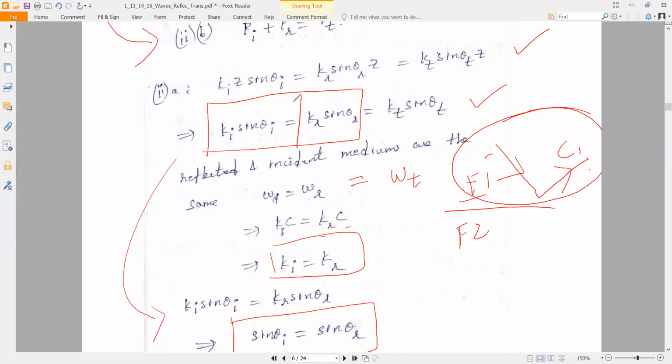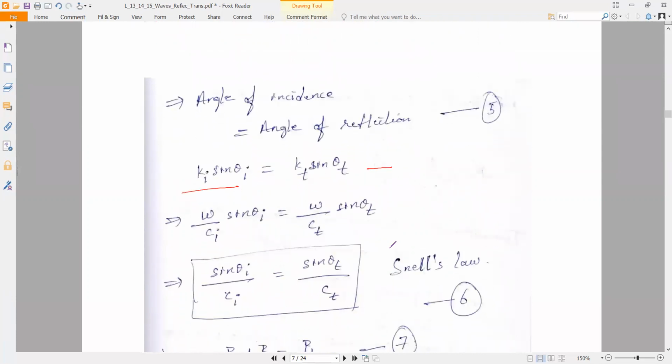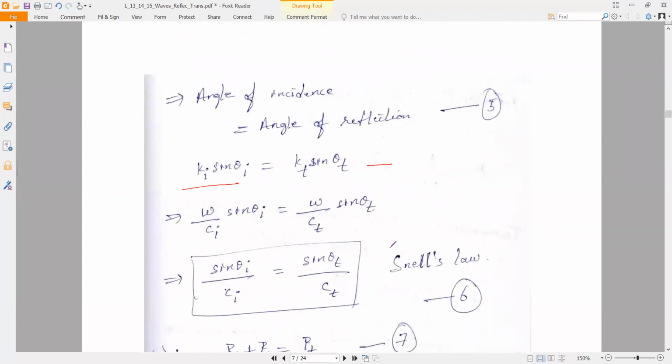Likewise, I'll take the first expression and the third expression. Ki sin theta is kt sin theta t. This is representing the incident wave. This is representing the transmitted wave. And I am writing the wave number in terms of the corresponding phase speeds. Ki is omega by Ci, kt is omega by Ct.